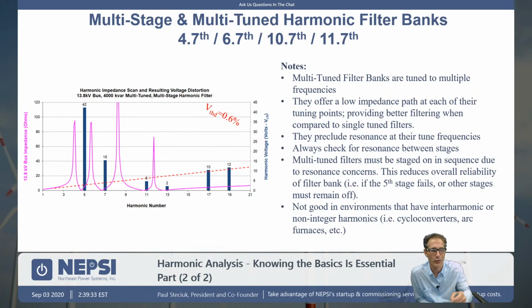It should be 10.7, 12.7. That's why I keep having a problem. So the 12.7th harmonic. So I'm always making sure that the lower frequency filters are on before the upper frequency filters are on. So it's interlocking. We have an interlocking concept.